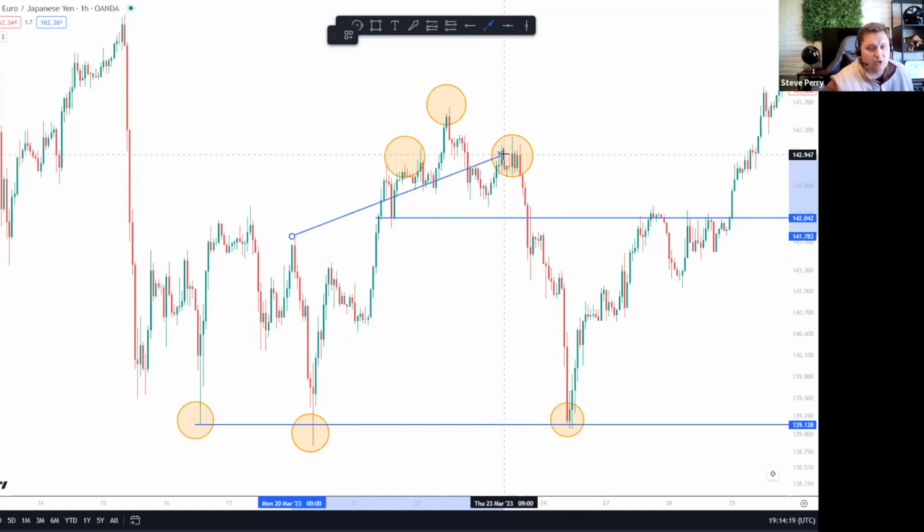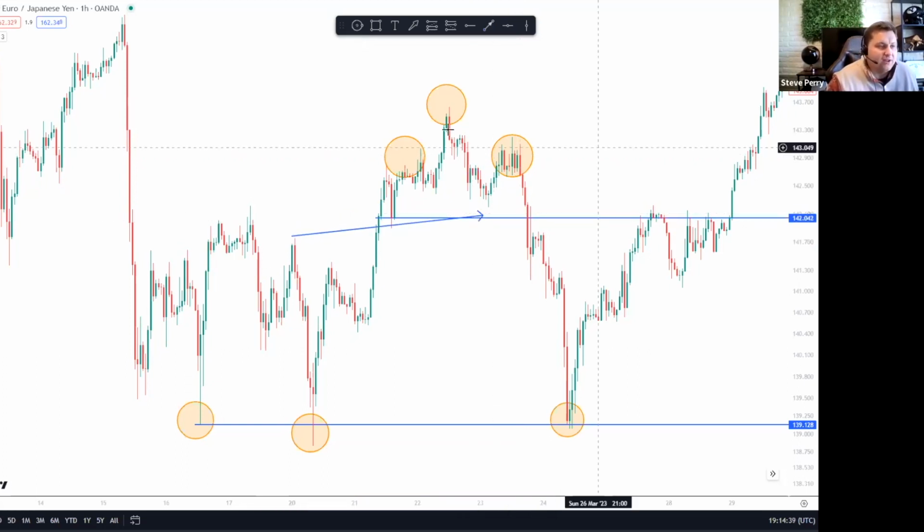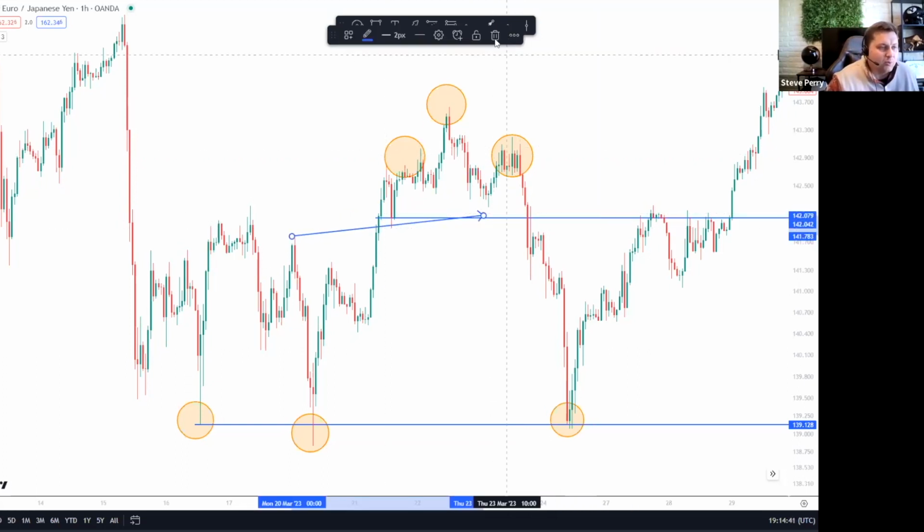So, a couple of ways you can enter. If you're fortunate enough to be able to find one of these as that shoulder's forming, you can just get in as soon as that last shoulder forms. The more conservative and safer entry with a higher win rate would be to wait for the market to break below this neckline right here. So what you would do is wait for this to form.